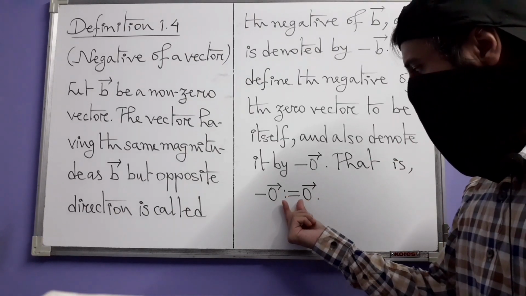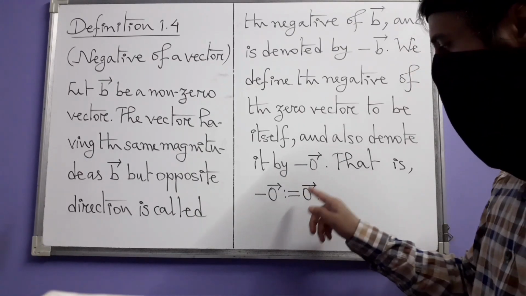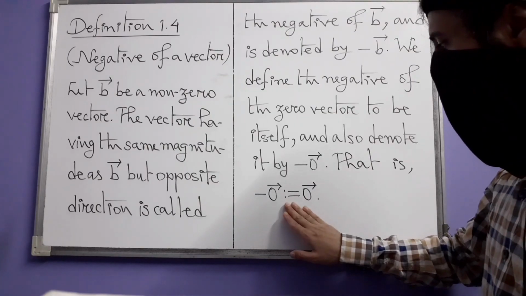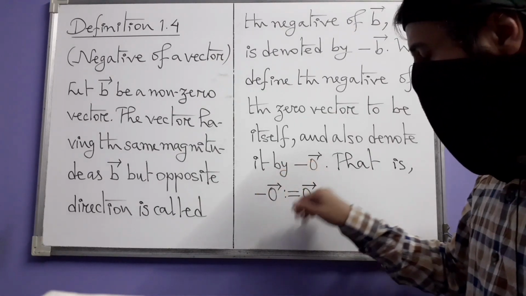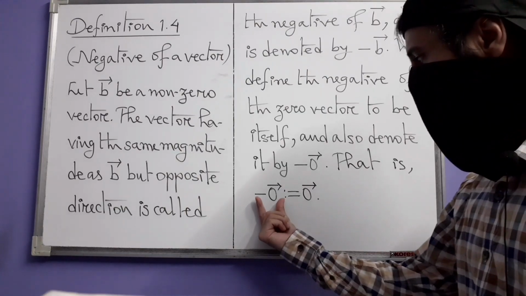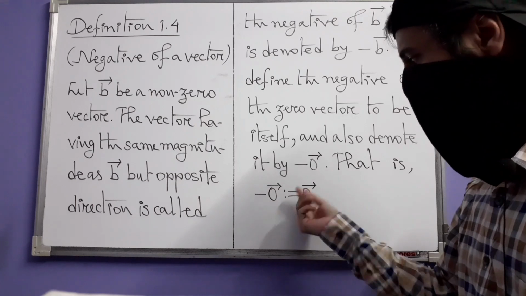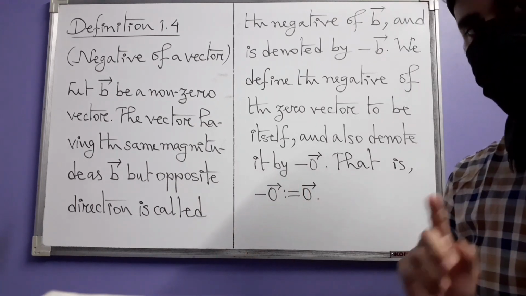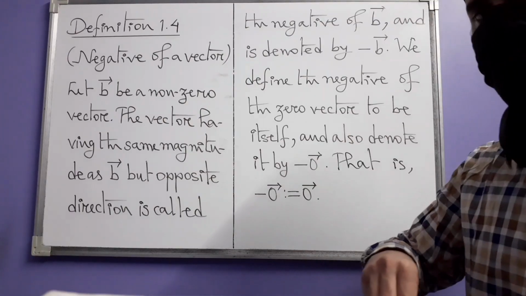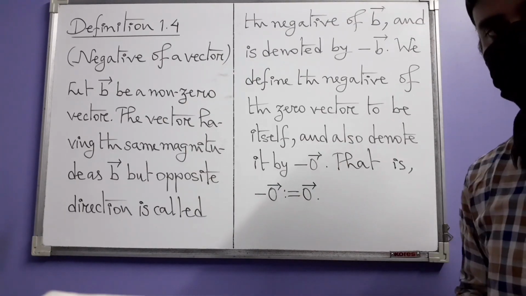I am going to use this symbol, that is colon followed by the equality symbol, to define something. In what sense? The quantity or object, idea, anything that is being defined, will lie on the side of the colon, and the meaning will lie on the other side.